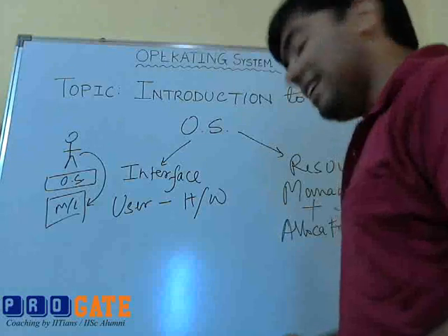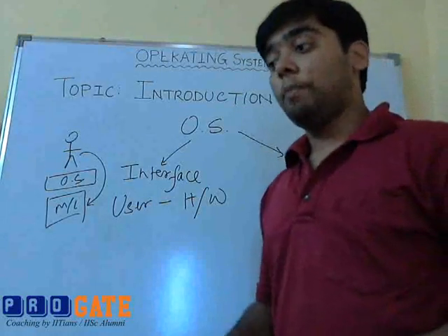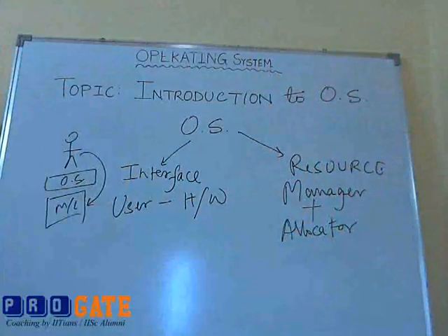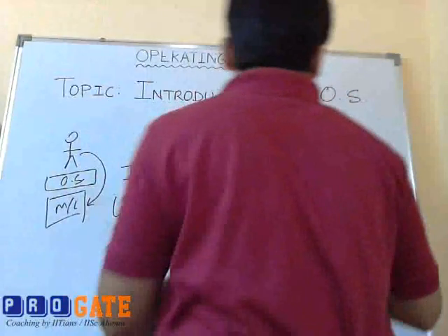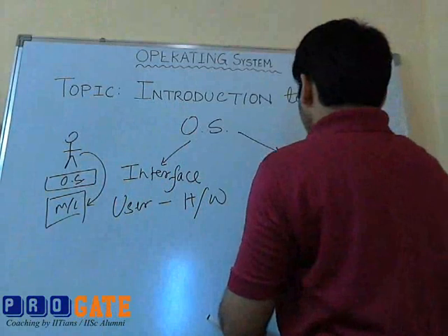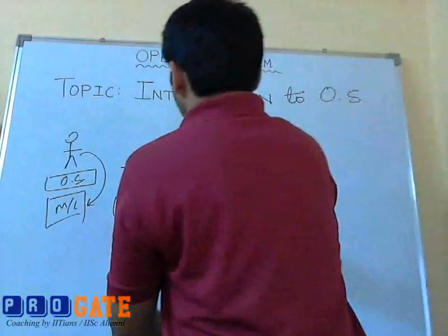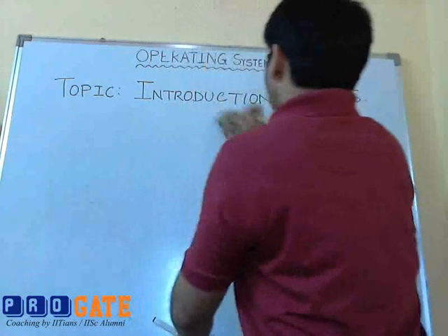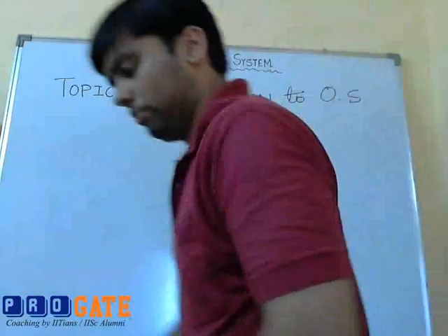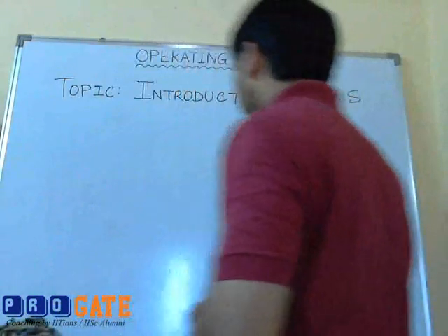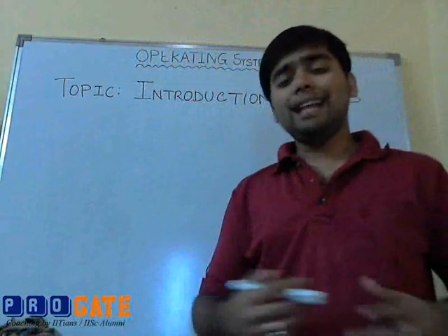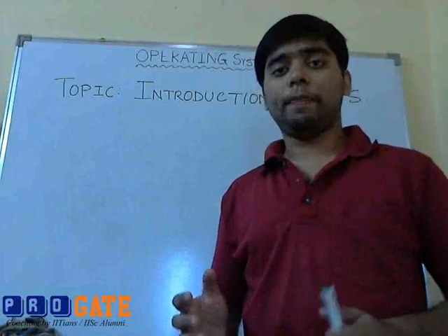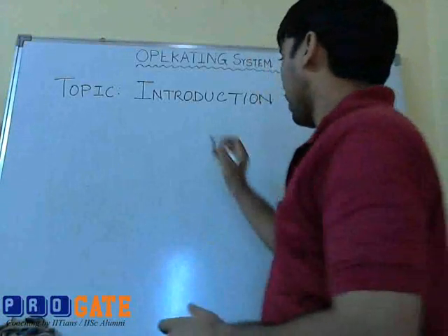Now, let us see what are the operations that an operating system does. Let me first clear the board. What are the functions of an operating system? That is an important question. Now, largely, we can divide the functions of an operating system in a number of groups.